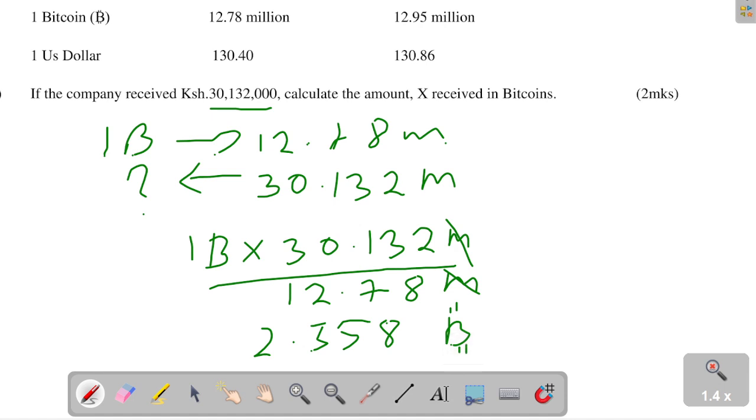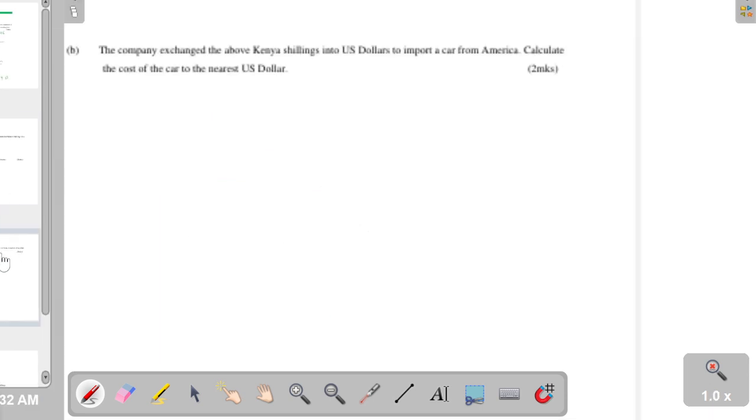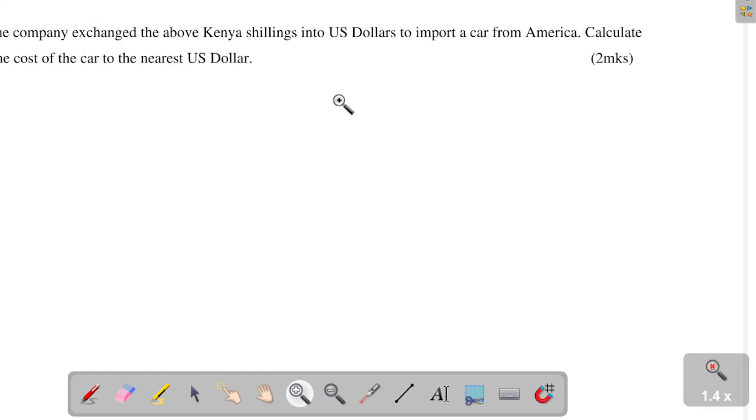Good. Let's look at what part 2 of the question is saying. We are told that the company exchanged the above Kenyan shillings into US dollars to import a car from America.